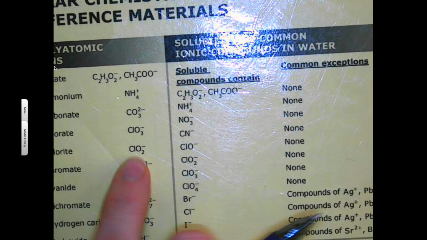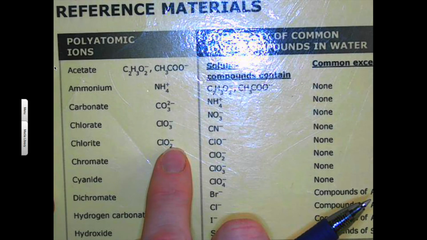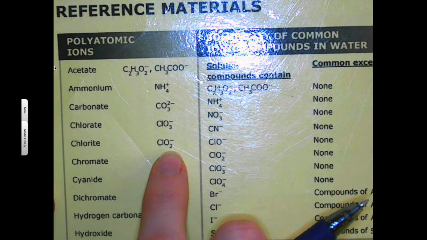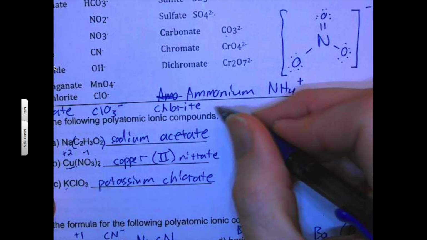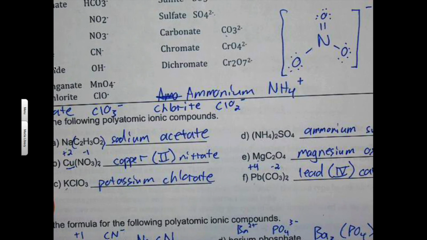It's yellow. ClO2 with a minus charge. So that is NH4 with ClO2 with a minus. Yeah, ClO2.